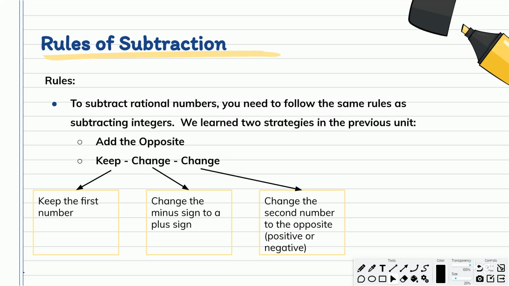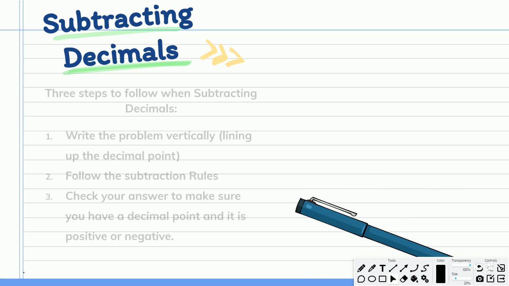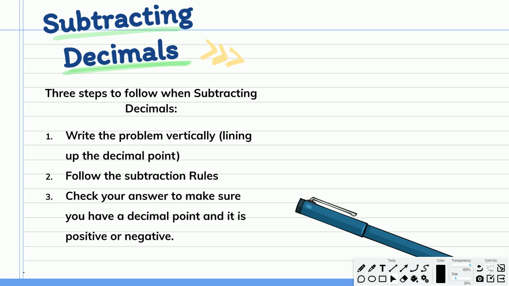All right, now we're just going to focus more on how to subtract decimals. There are three steps that we're going to use for subtracting decimals. The first one is we want to write the problem vertically and make sure that we line up our decimal points when we set this up vertically.